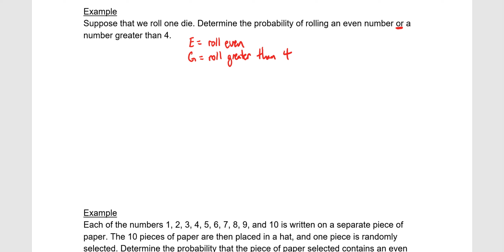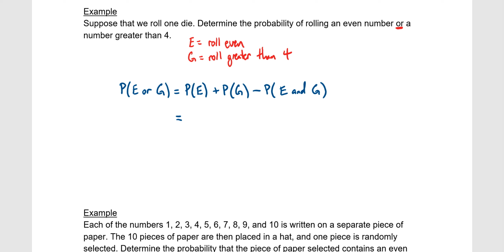So our formula here is going to be probability of E or G. So same formula as the last page, except I'm just using E and G instead of A and B. It's going to equal the probability of E plus the probability of G minus the probability of E and G. So let's figure out each one individually and then add up the result.